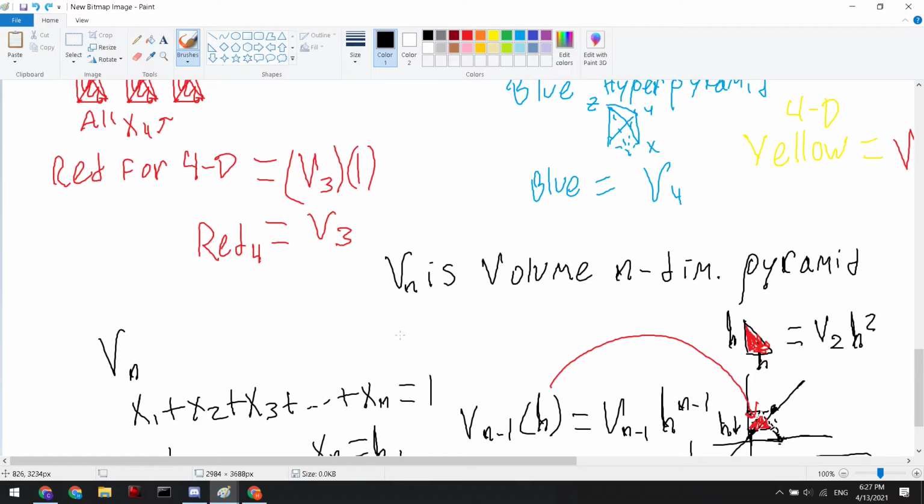Here's what's going on. We know that for Vn, it's inside of this function, where all x values are between 0 and 1.